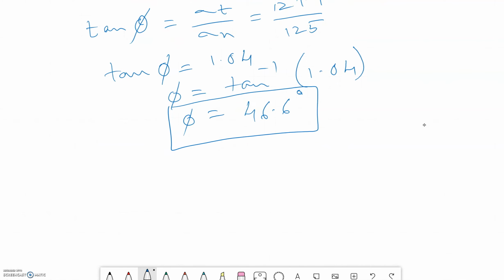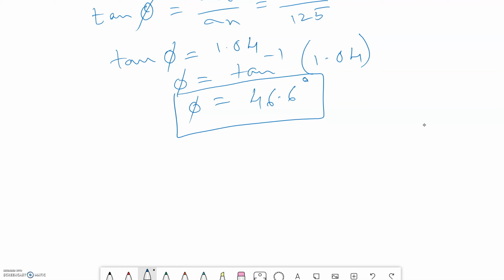Now he's also asking you to find out the maximum shear stress. We know the maximum shear stress is given by the equation (sigma 1 minus sigma 2) by 2, because sine 2 theta will be 1. That is when you will have this as maximum.